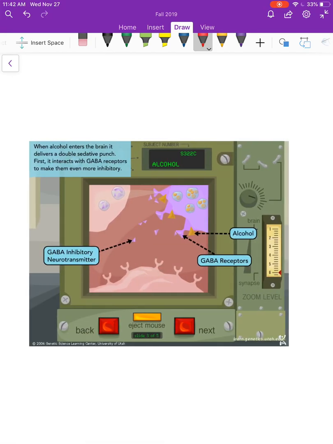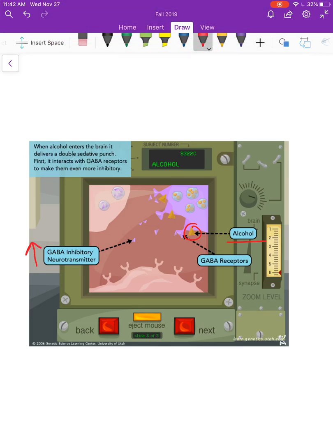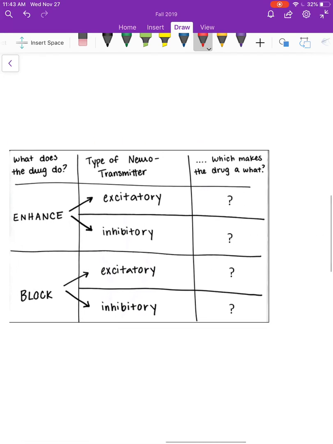And then when alcohol comes in, this causes more GABA inhibitory neurotransmitters to fire, right? So we are enhancing our inhibitory effect, okay?